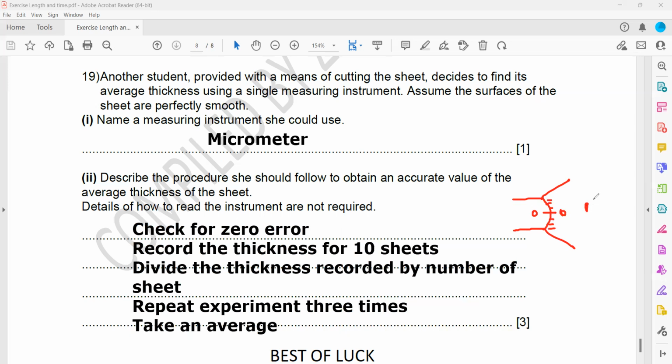This means there is no zero error. But if a micrometer has a zero error, some value will be recorded, so the main scale and the circular scale zeros will not coincide. So this is a micrometer with a zero error. Whenever a micrometer screw gauge is used, we always check for the zero error.